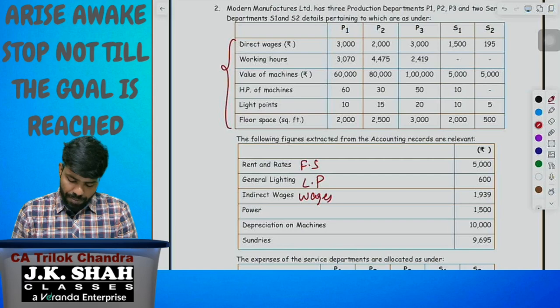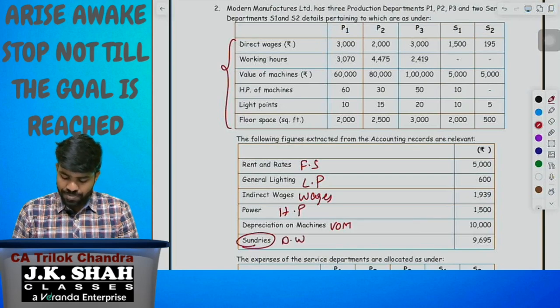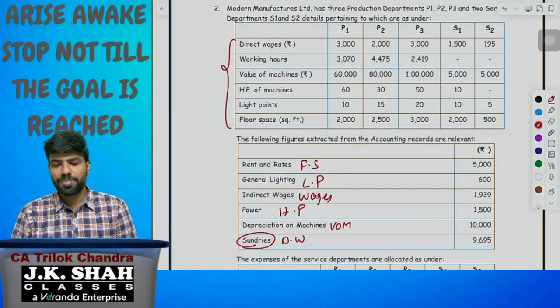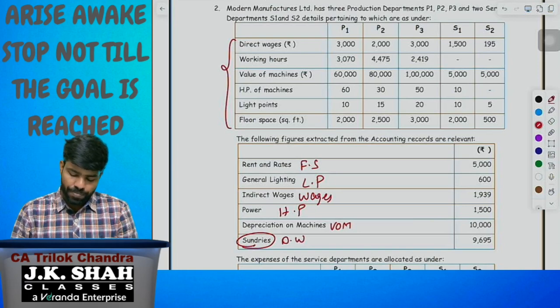Power will be apportioned based on horsepower. Depreciation of machine will be based on value of machine. Sundries, as I told you, will be apportioned based on direct wages. So these are the bases to apportion the overheads.